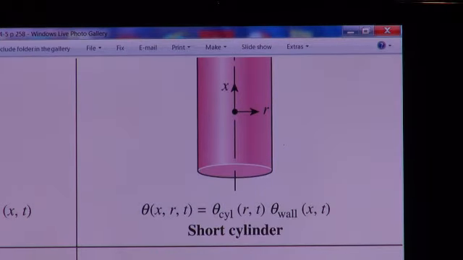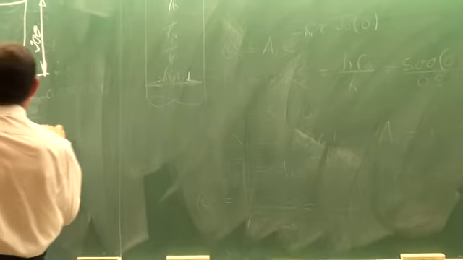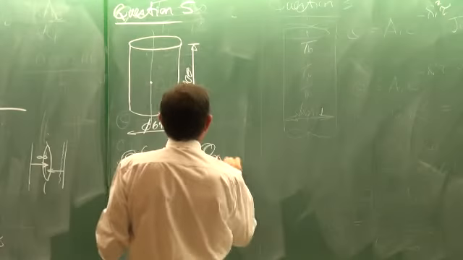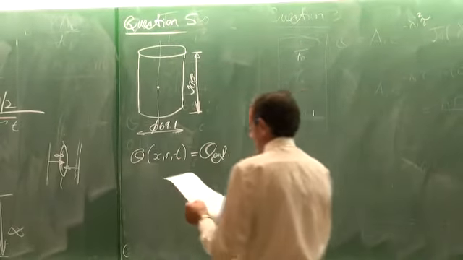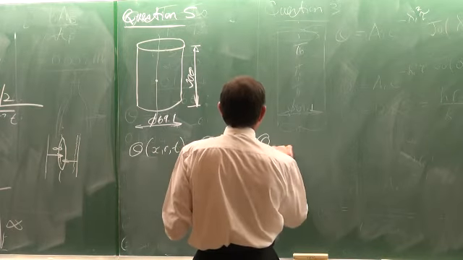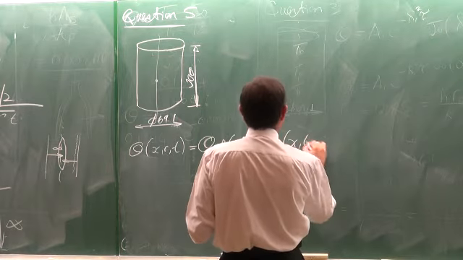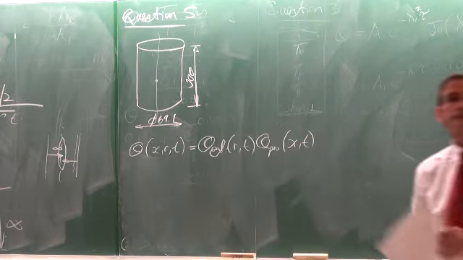So the non-dimensionalized temperature for x, r, t would be equal to the solution for a cylinder, a function of r, t, multiplied by the solution for a plane wall as a function of x, t.